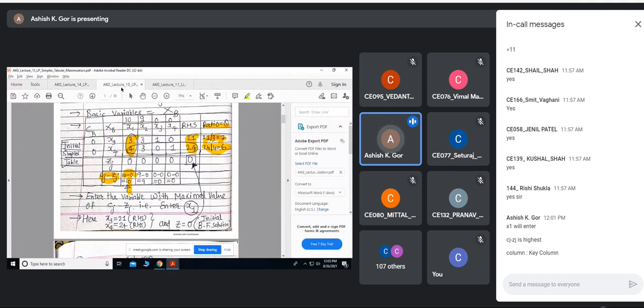So this is a limiting value. Theta indicates the limiting value. 21 by 3 is 7 and 24 by 4 is 6. The variable with the minimum ratio is the one which will leave.